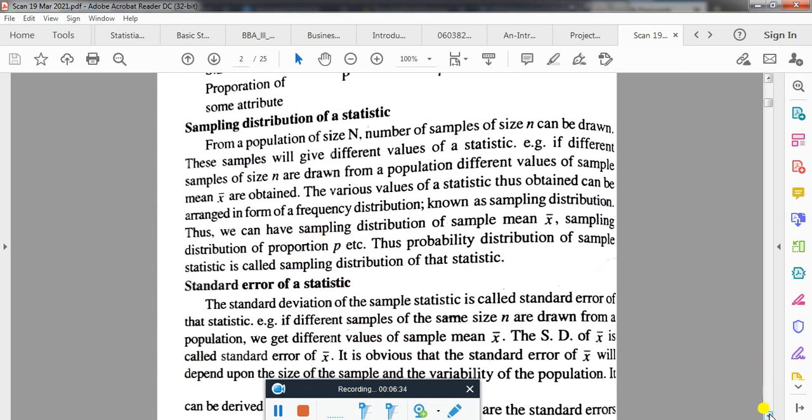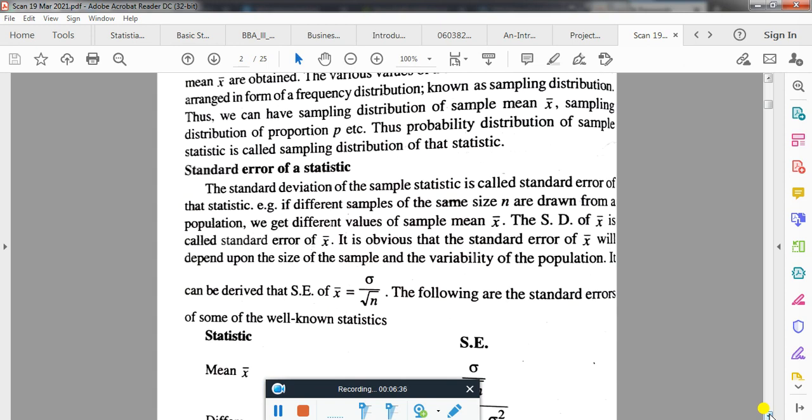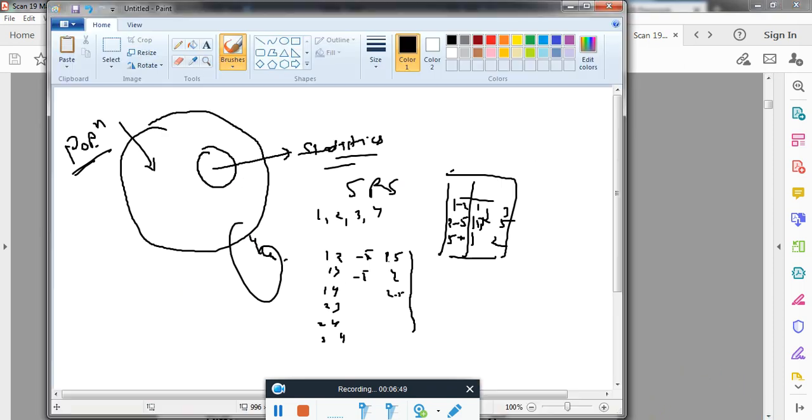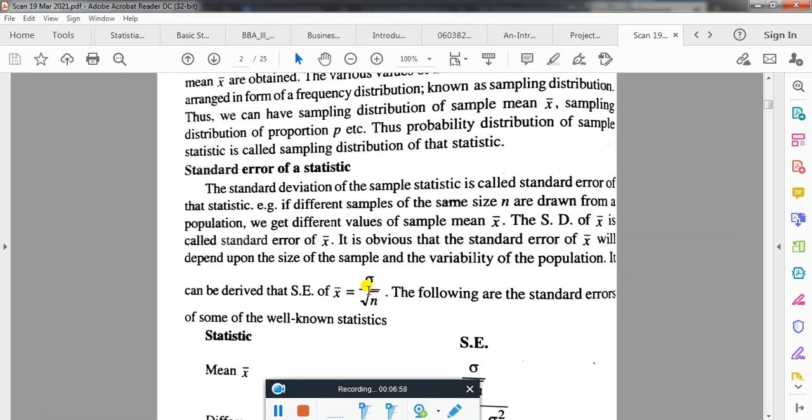So what is the standard deviation? Its formula is the square root of sigma of x minus x bar whole square upon n. If you are working with a sample, then it should be divided by n minus 1. Now, the standard deviation of a sample statistic: the different values I have made as the sample statistic, the value of the statistic from each sample. If we find the standard deviation of all these values, then it is called the standard error of the statistic.